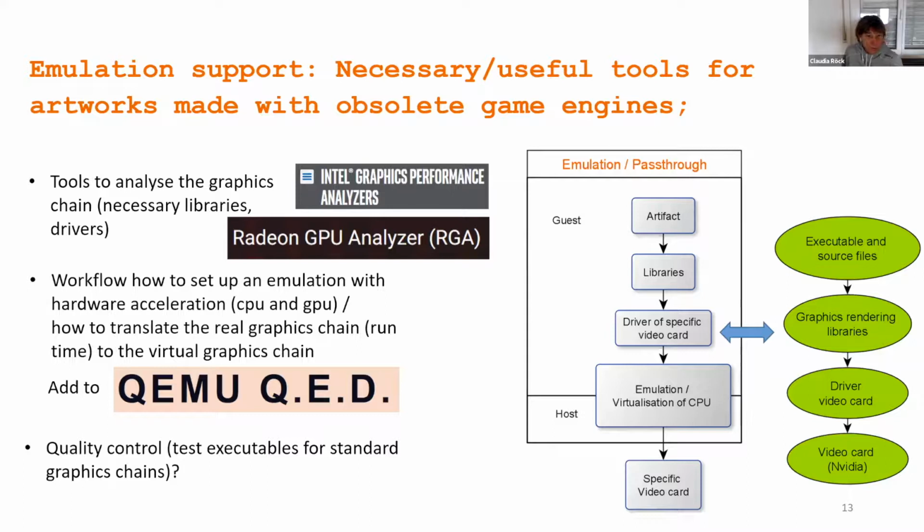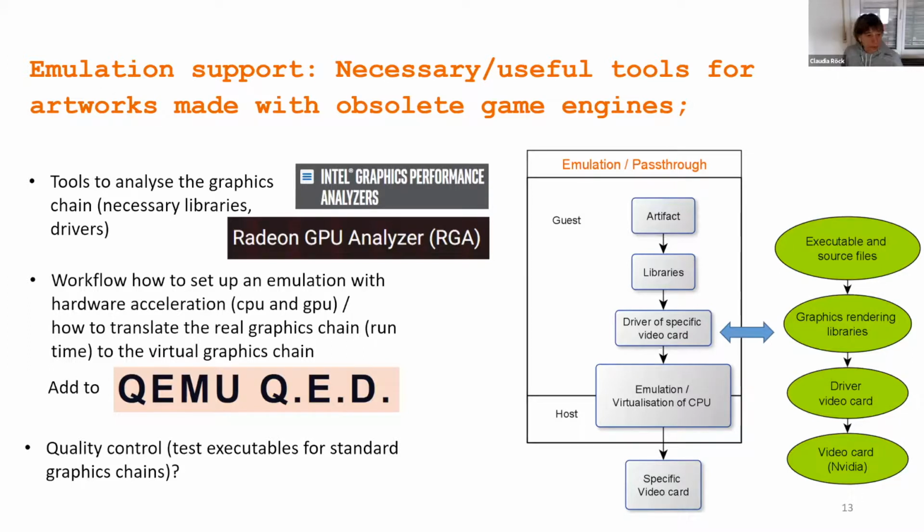And for the emulation workflows, there is this guideline called QEMU QED, but it doesn't contain yet any guidelines for more graphics intensive work. It contains the standard emulations of, for instance, Windows XP.